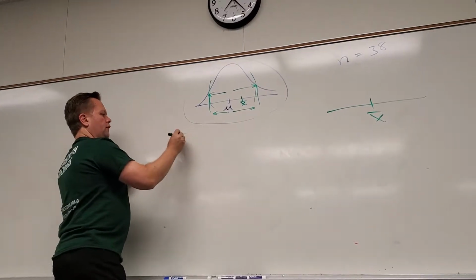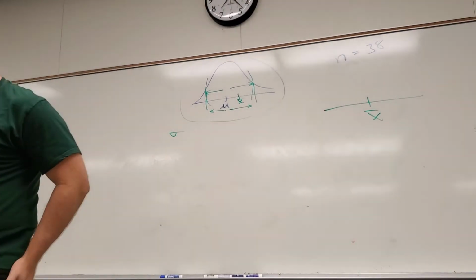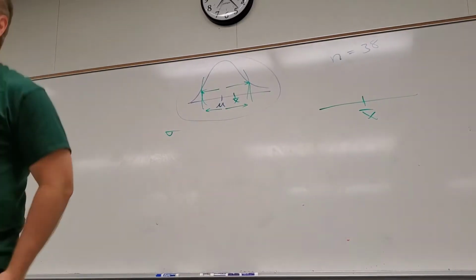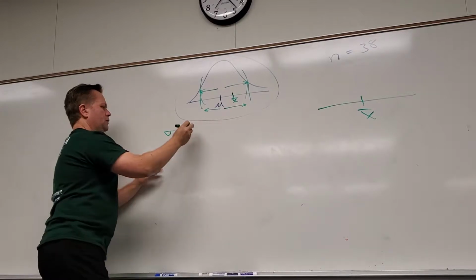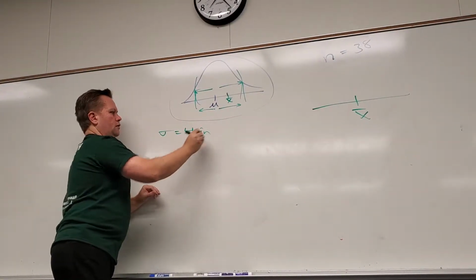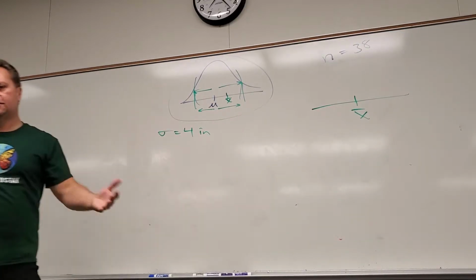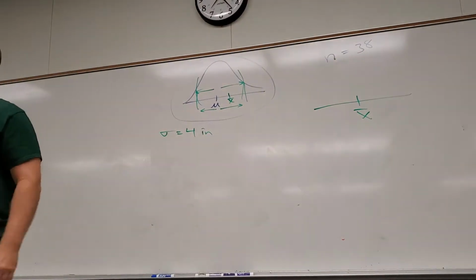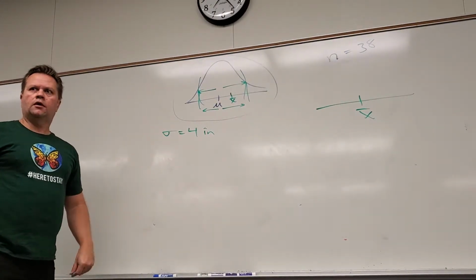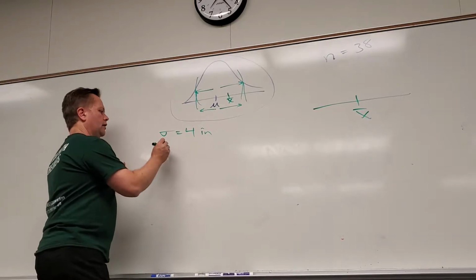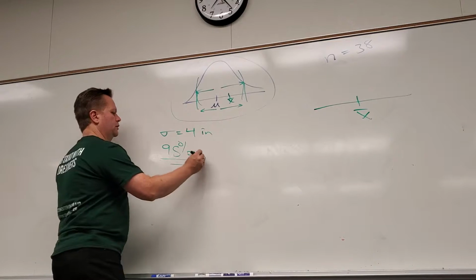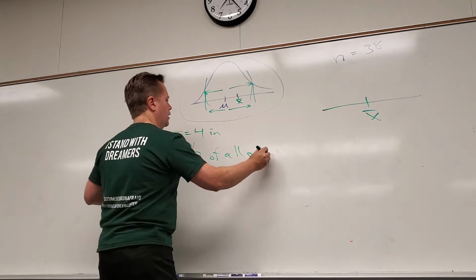Let's say the standard deviation of all dolphins is about 4 inches, the standard deviation in their lengths. And let's say I want to know what are the lengths that would capture 95% of all groups of size 38.